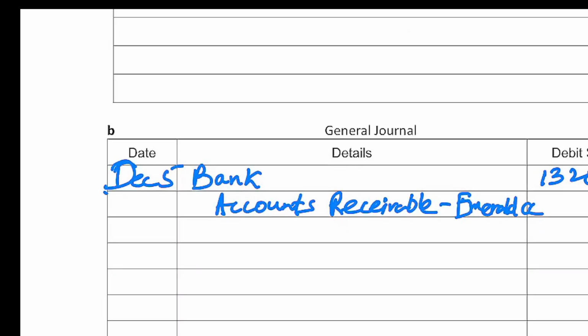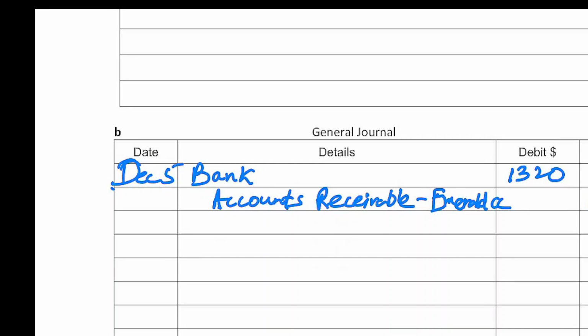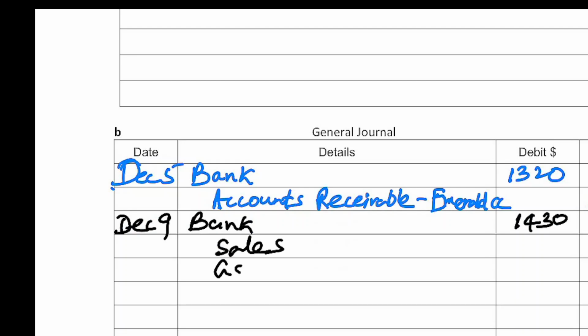Okay, let's write it. So your debit bank 1430. The reason is it's including GST. You credit the sales 1300 and credit GST 130.